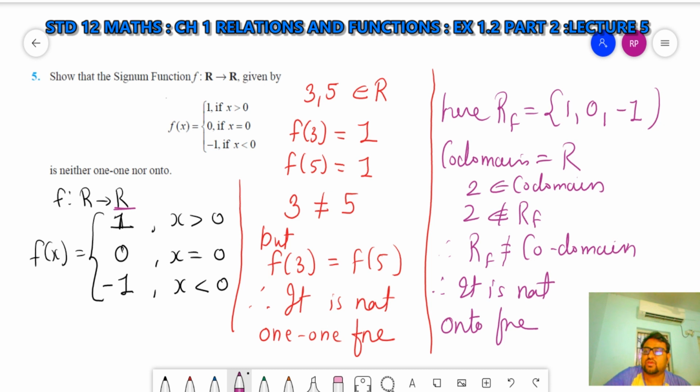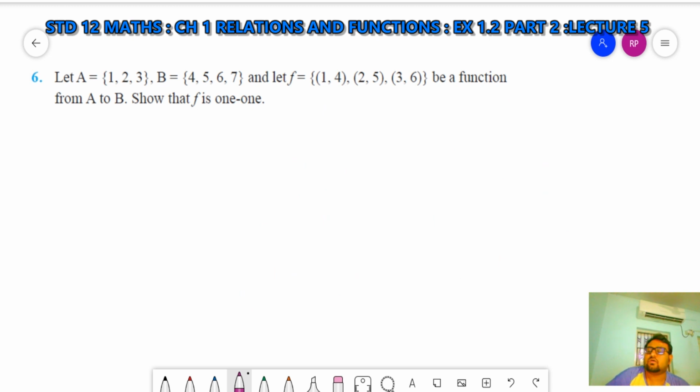Now let's move to the next question, that is question number 6. Question number 6. Let A equal to {1, 2, 3}. Let me write down. Here it is given, A is equal to {1, 2, 3}, B equal to {4, 5, 6, 7}.